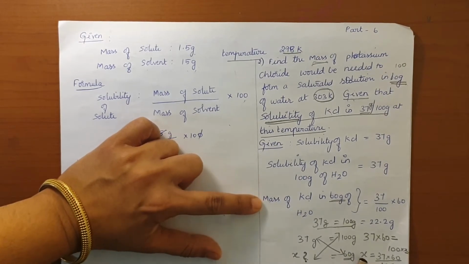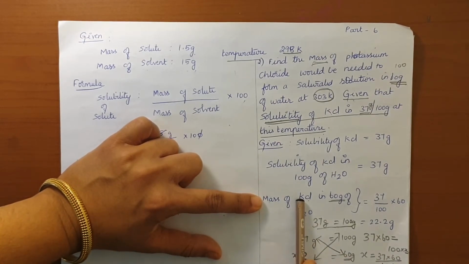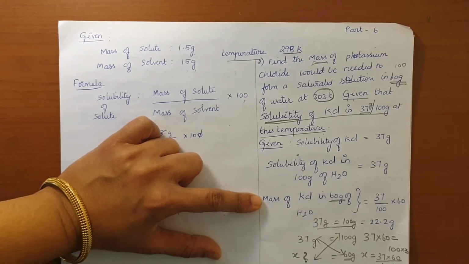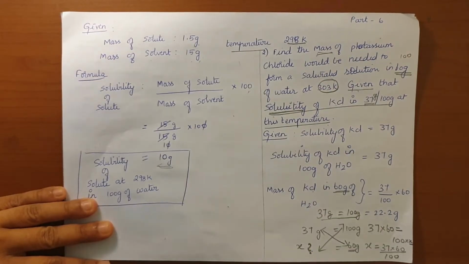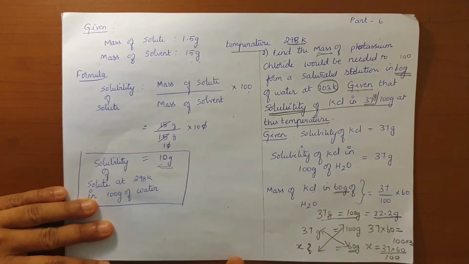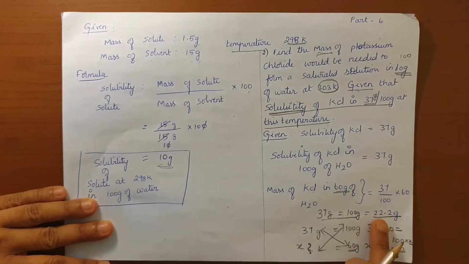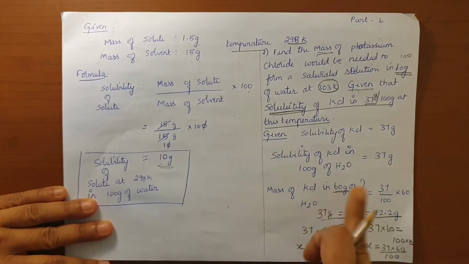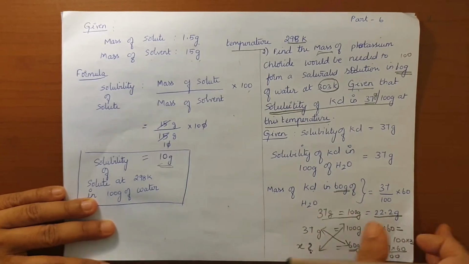What is this x? x is the mass of KCl required to be dissolved in 60 grams of water. If I simplify these numbers, I will get 22.2 grams of KCl. What does it mean? If I take 22.2 grams of KCl and dissolve it in 60 grams of water, I will get a saturated solution.